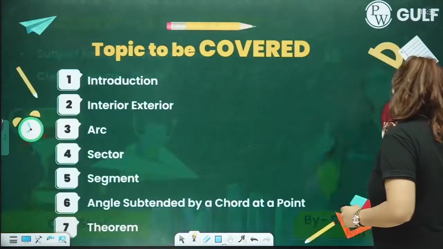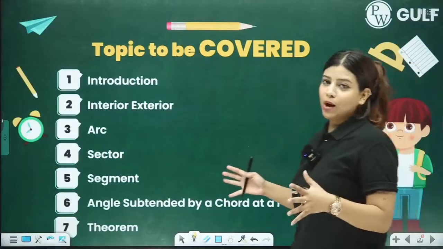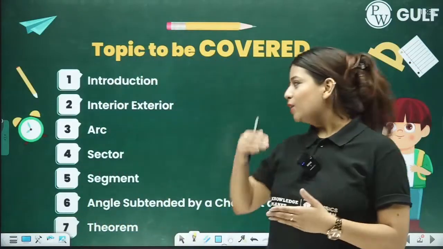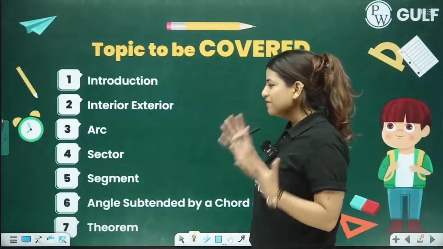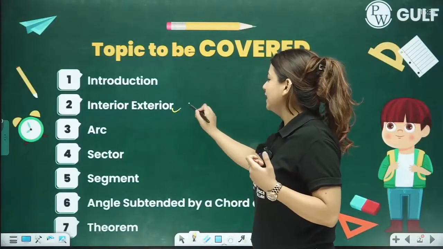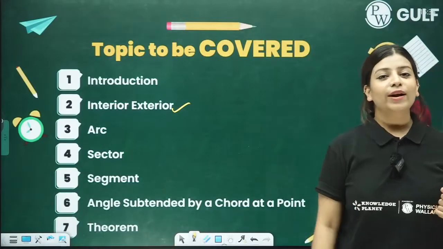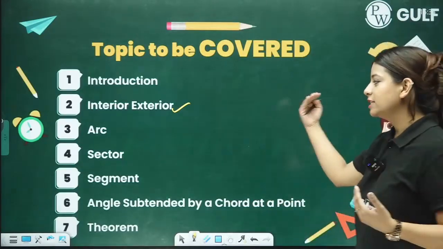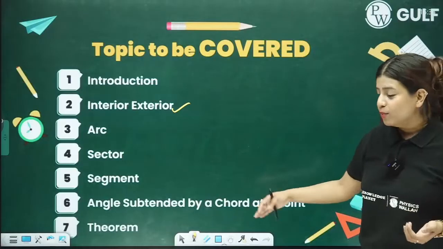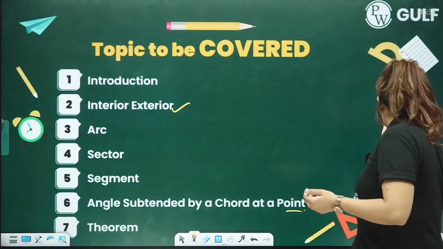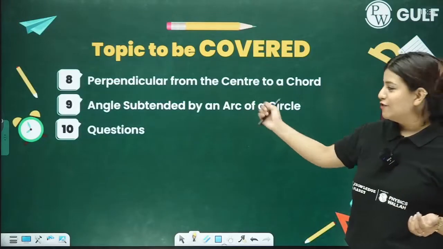So basically, let's see what our topic to be covered today is, what our table of contents for today is. So we are going to start with the introduction, students. Then we are going to learn about what the interior and exterior of a circle are. After that, we are going to discuss the arc, sector, segment, and most importantly, the angle subtended by a chord at a point, some important theorems, and the perpendicular from the center.